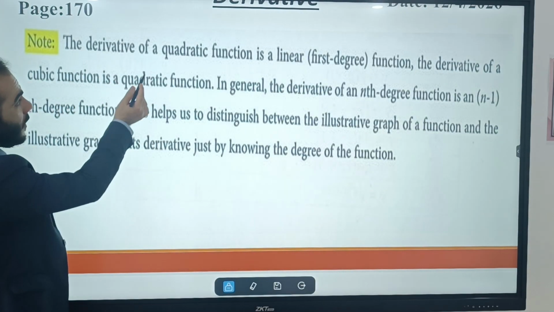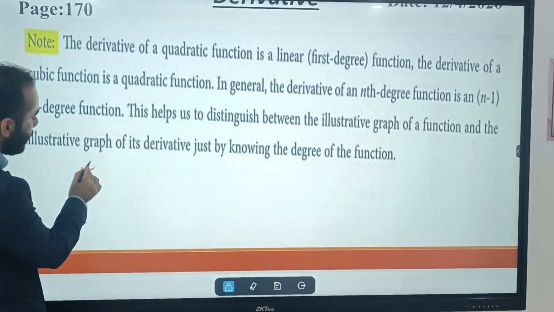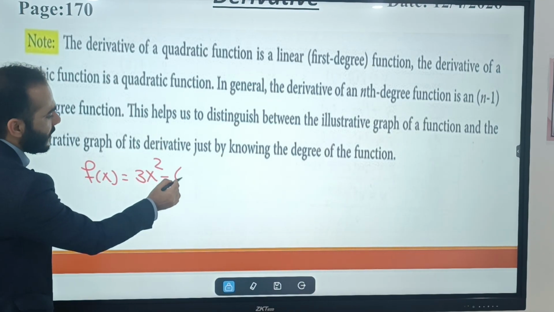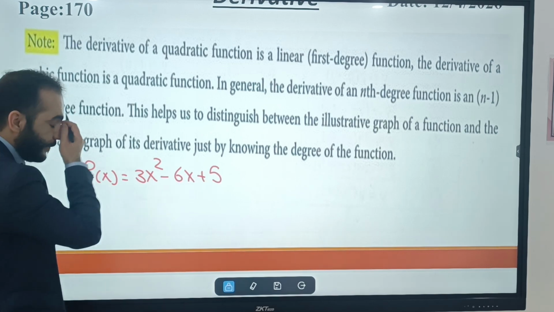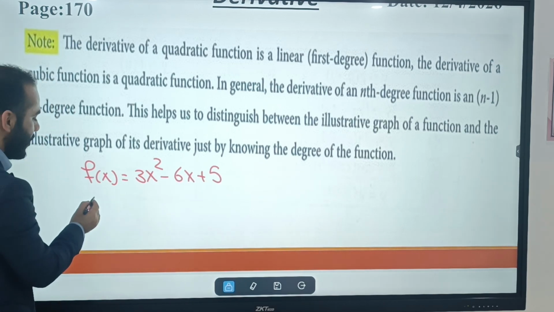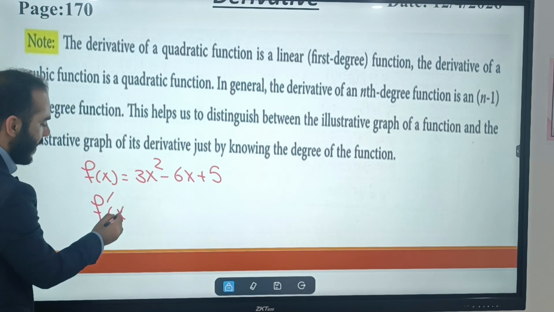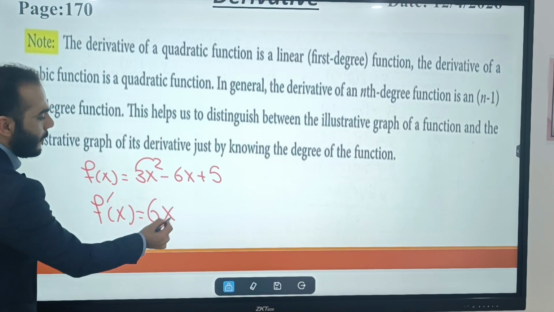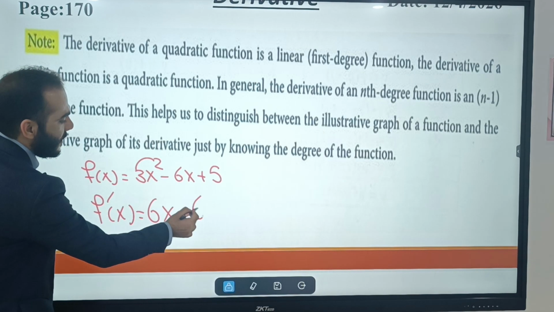The derivative of a quadratic function. A quadratic function is something like 3x squared minus 6x plus 5, let's say. So let's take its derivative. f prime of x would be 2 times 3, 6x, minus the derivative of 6x, which is 6.